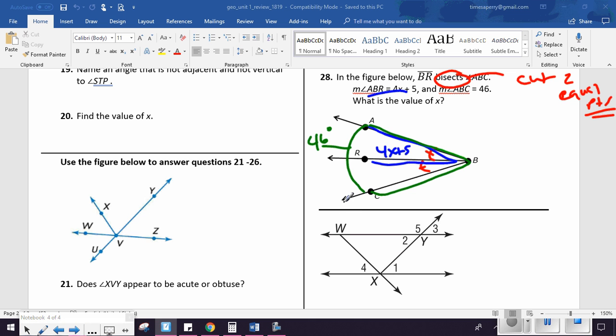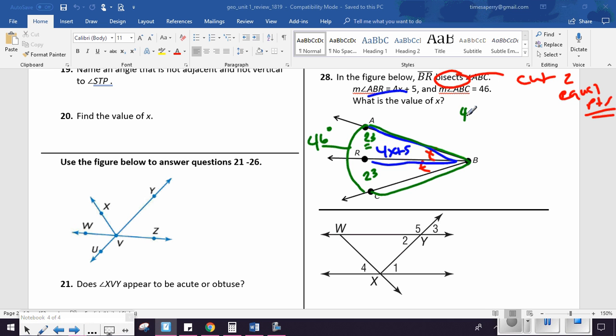It wants us to find the value of x. There are several ways to attack this problem. One way is, if the entire angle is 46, then each little angle has to be the same measure, so each has to be 23. So this has to equal 23, and this has to be 23, for the grand total to be 46 and for them to be congruent.